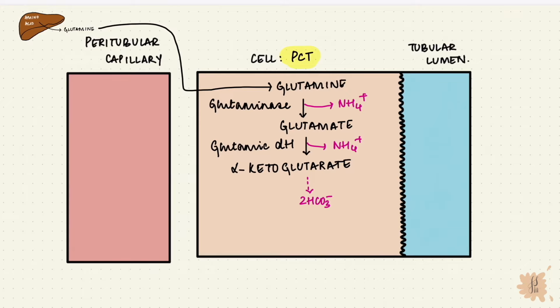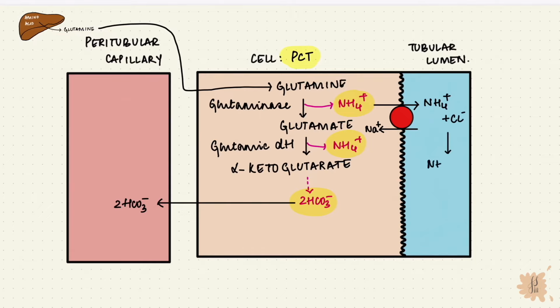So in the end, what we need to know is there's two ammonium ions and there's two bicarbonate ions. The bicarb gets reabsorbed, and this is new bicarb. Ammonium shifts out of the cell by countertransport with sodium. It binds with chloride and gets excreted as ammonium chloride.